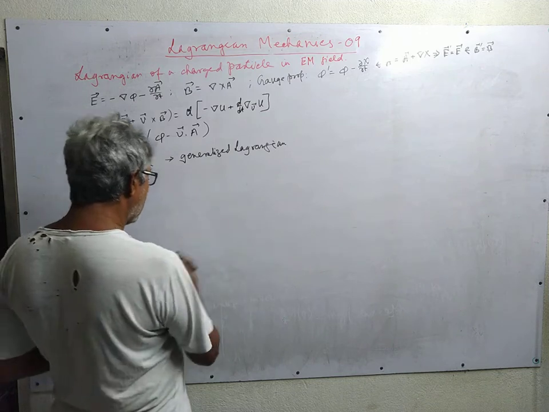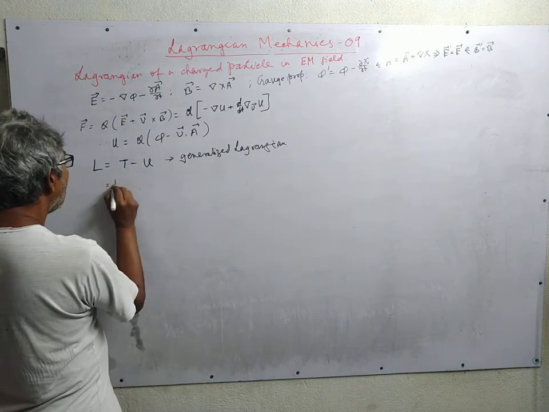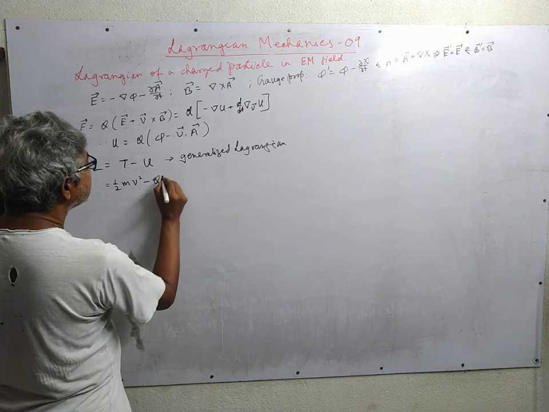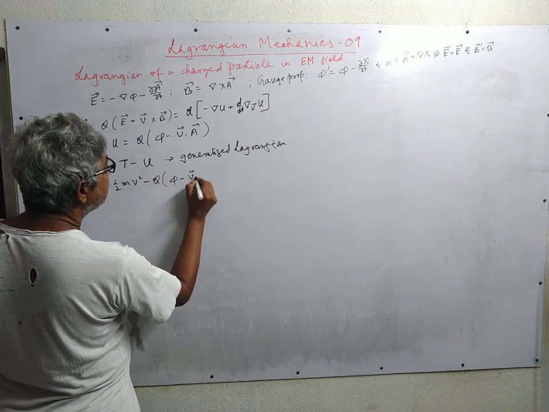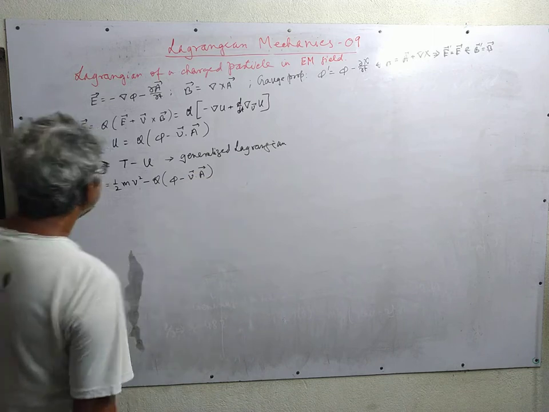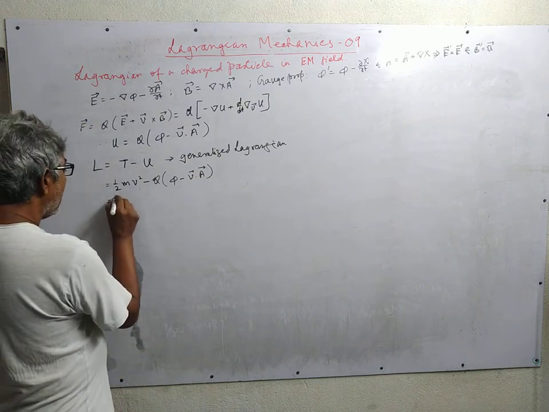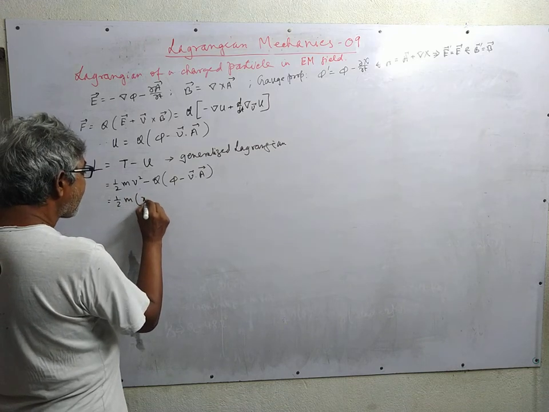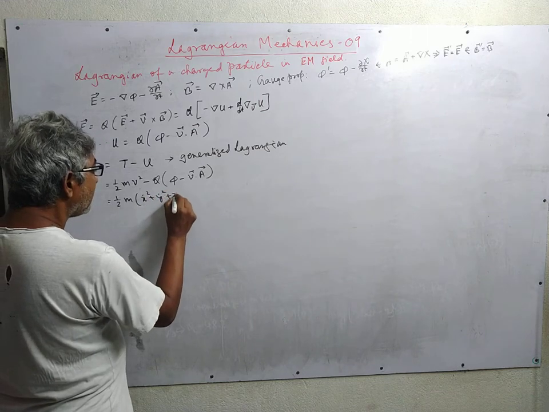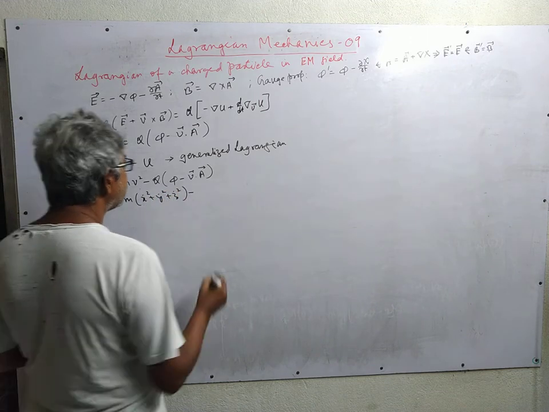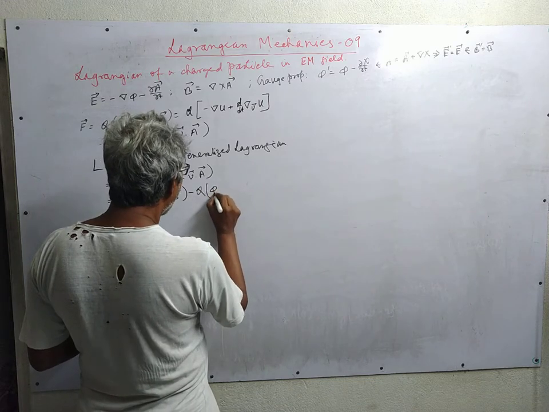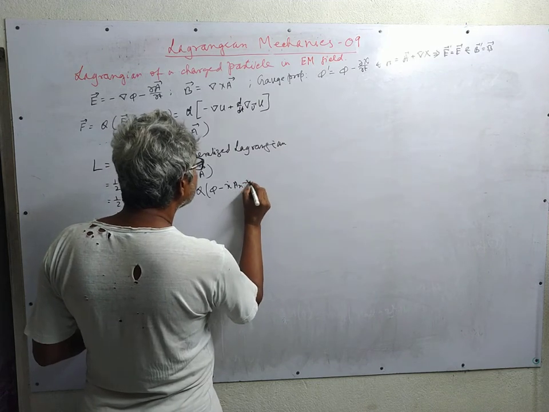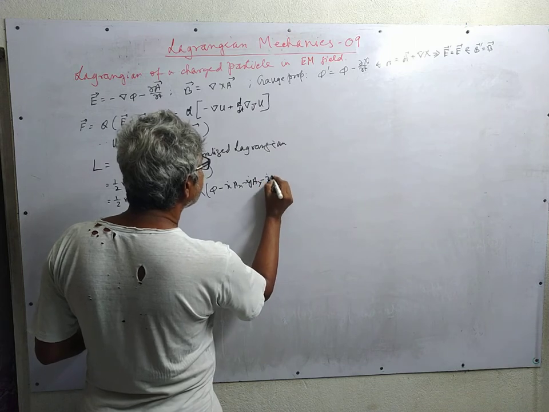So the Lagrange equation will be this. Let me first write the Lagrangian. This is half m v squared minus U, meaning q phi minus v dot A. This is equal to half m times x dot squared plus y dot squared plus z dot squared, minus q phi plus q times x dot A_x plus y dot A_y plus z dot A_z.